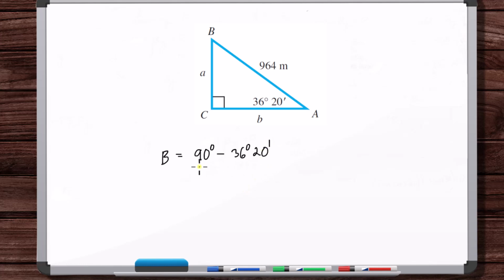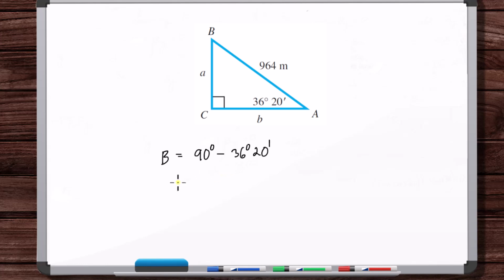Okay, so how do we do this? In chapter 1, we did a bunch of calculations like this. So 90 minus 36 is 54 degrees, but then we subtract a further 20 minutes.